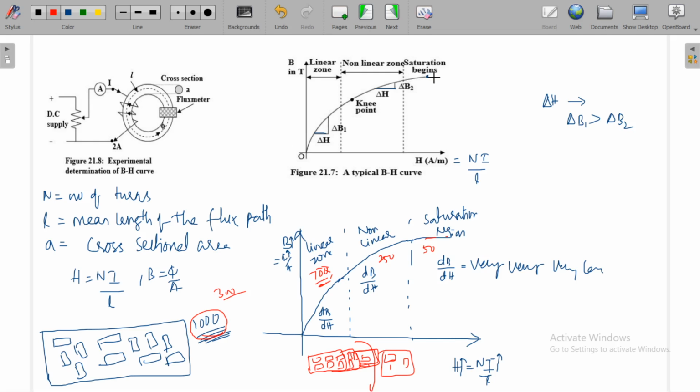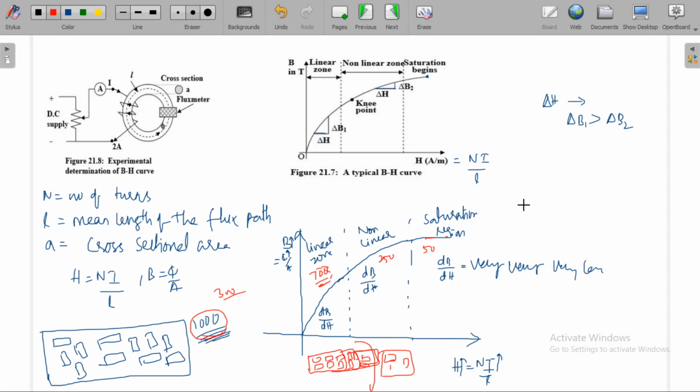Coming to this region, almost all dipoles will get aligned themselves in one particular direction. Only very few are left over for the alignment.